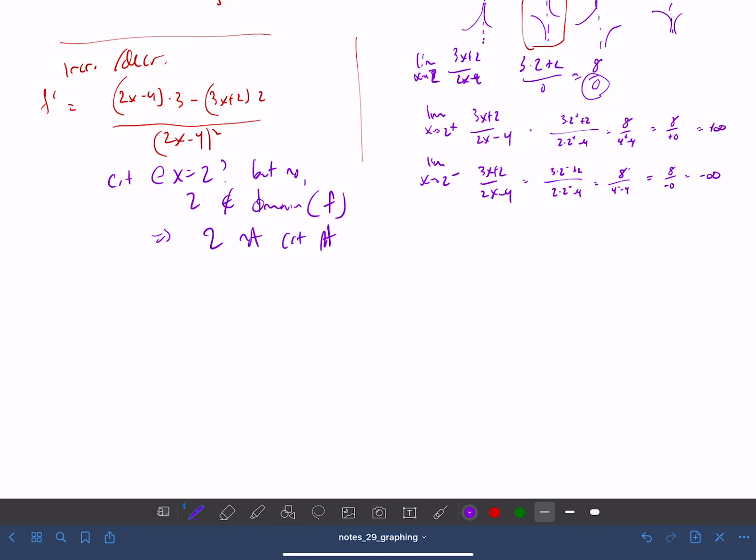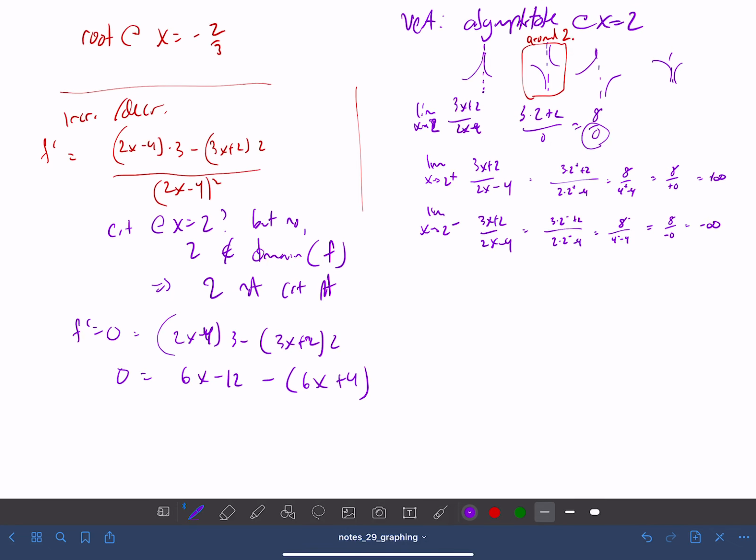So we're just going to think about the numerator. f prime equals 0. That's when 2x minus 4 times 3 minus 3x plus 2 times 2 equals 0. Let's do that distribution. 6x minus 12 minus 6x plus 4.